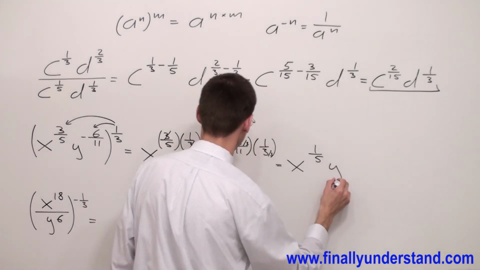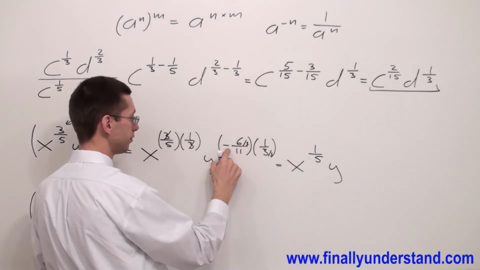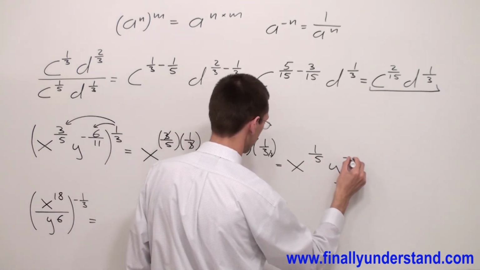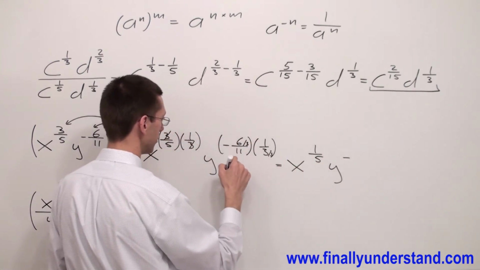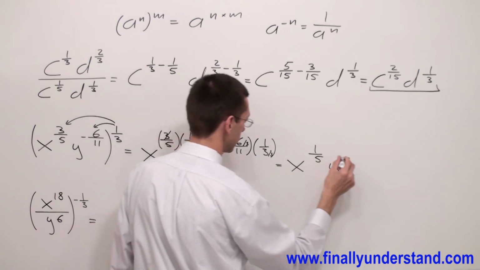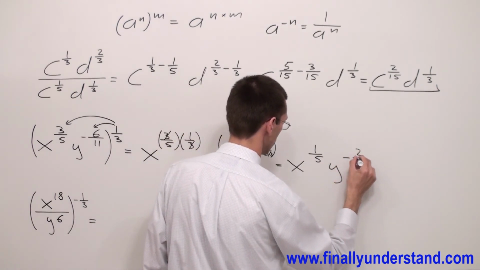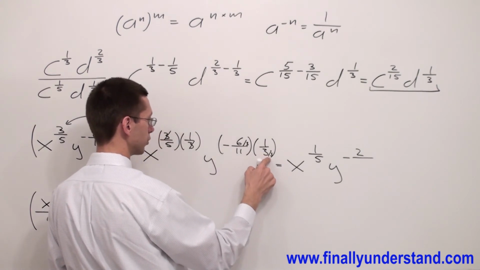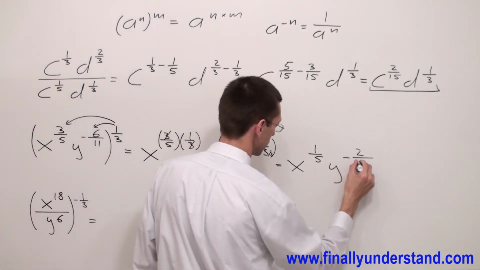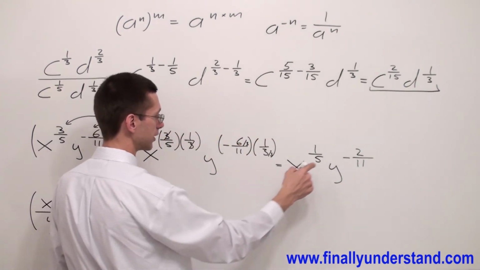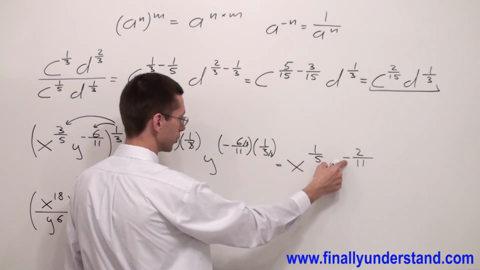Y, and I have negative times positive gives me negative. And I have 6 divided by 3 is 2. 2 times 1 gives me 2 over 11 times 1, because 3 divided by 3 is 1, is 11. Now, please notice that I have a negative exponent.